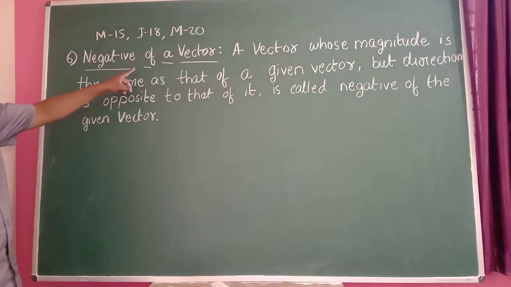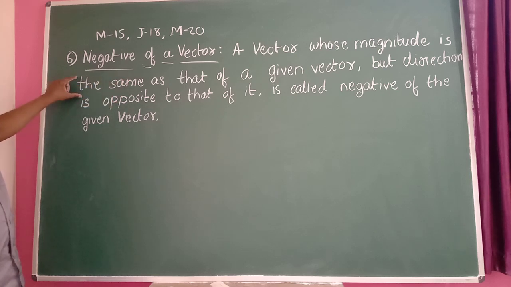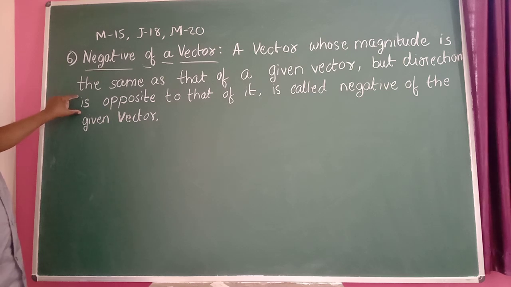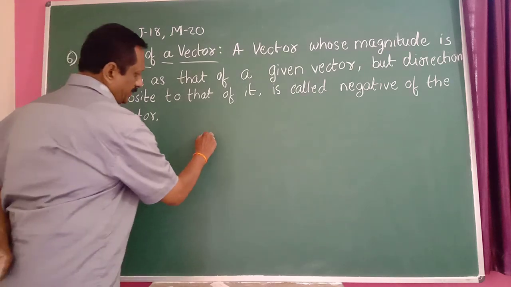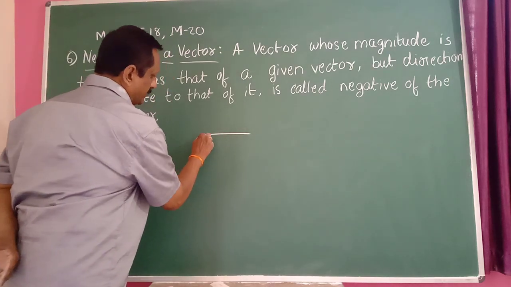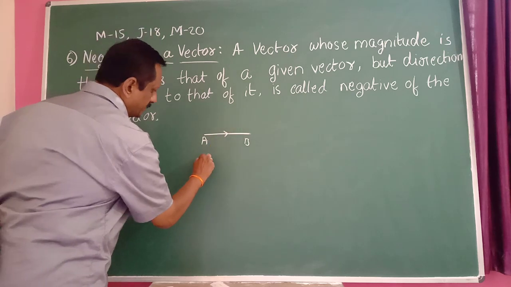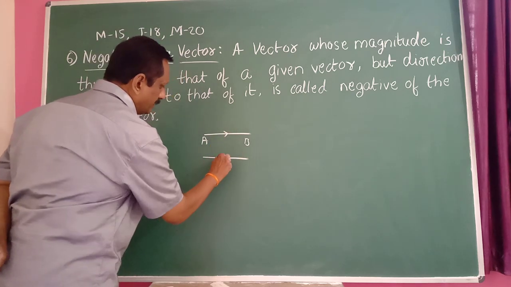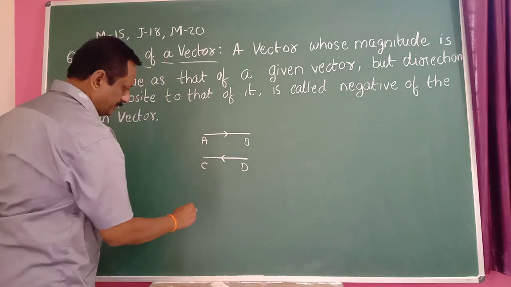Negative of a given vector: a vector whose magnitude is the same as that of a given vector, but whose direction is opposite to it, is called the negative of the given vector. So suppose AB is one vector here. Then CD is one more vector. Take this one as DC.